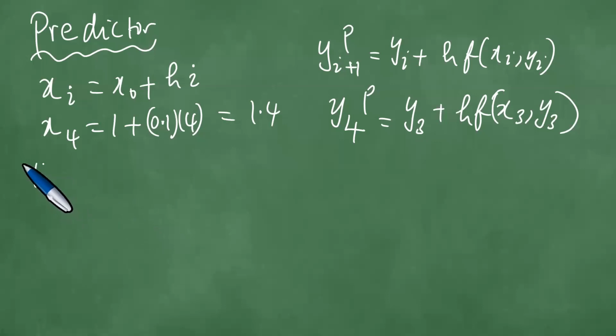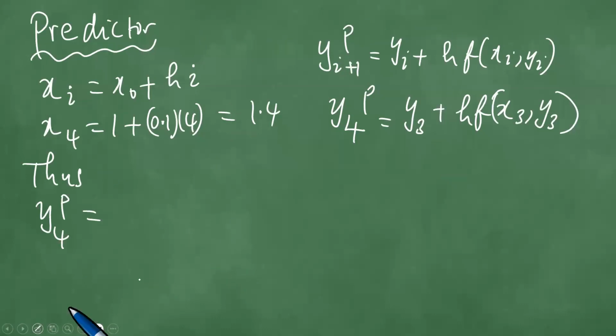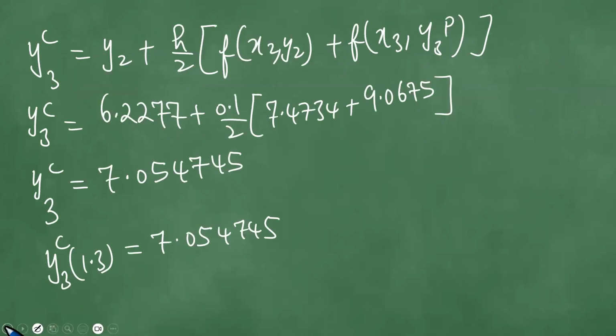Thus we have y4 predictor is y3, which is exactly this one. Take exactly the preceding corrector value, 0.54745.